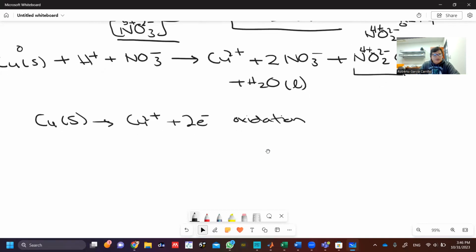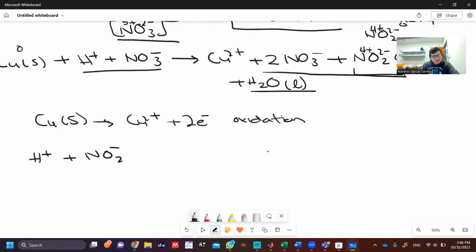We can write the reactants and products for the other half reaction. So it would be protons plus nitrate ions, and they produce nitrates.